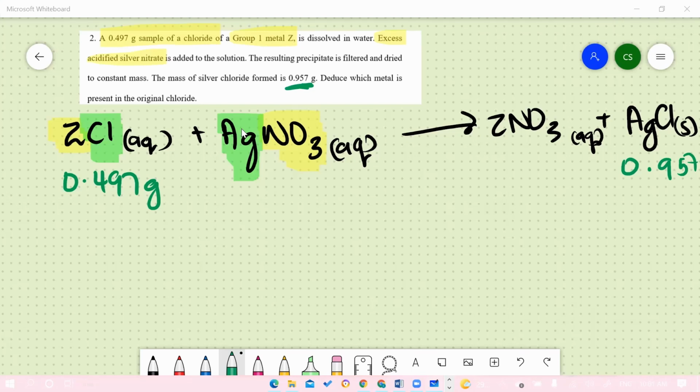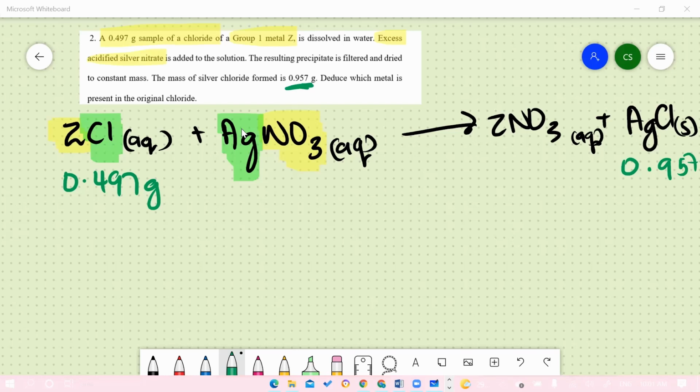That is true. How can we use that information to find out the molecular formula mass of ZCl and ultimately the molecular mass of Z, to identify what compound Z is?